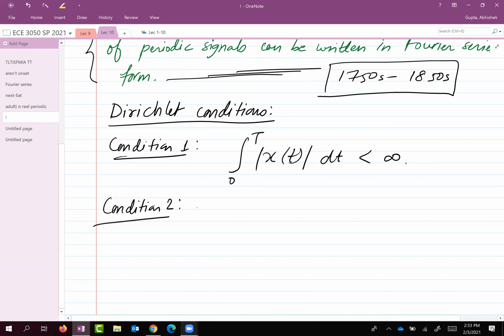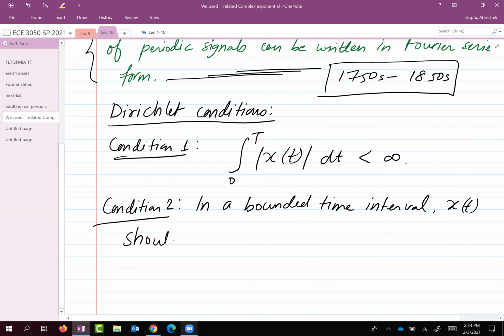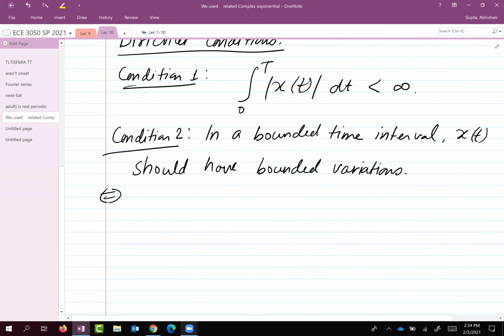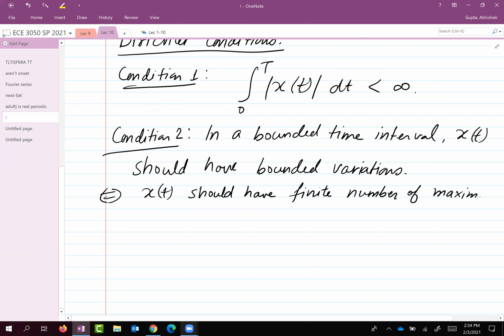The second condition is that in a bounded time interval, x of t should have bounded variations, which is equivalent to saying x of t should have a finite number of maxima and minima.